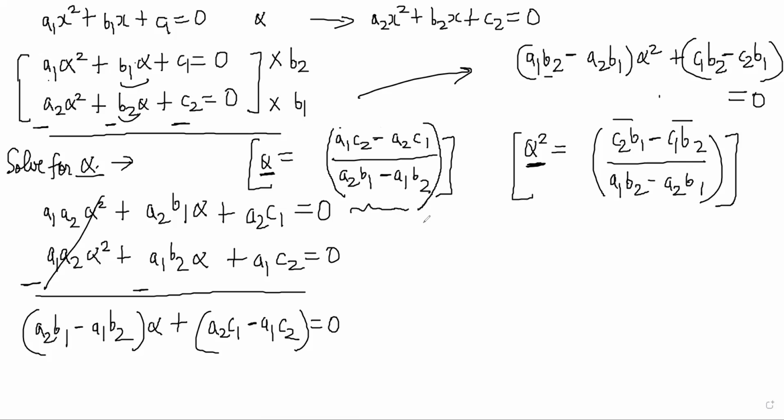There is no need to factorize anything. You can't do anything because each of these are different numbers, but you can square. Exactly. Since alpha is this and alpha square is this, the square of alpha must be equal to this. It's a lot of algebra, but you don't have to simplify it. You have to leave it here.